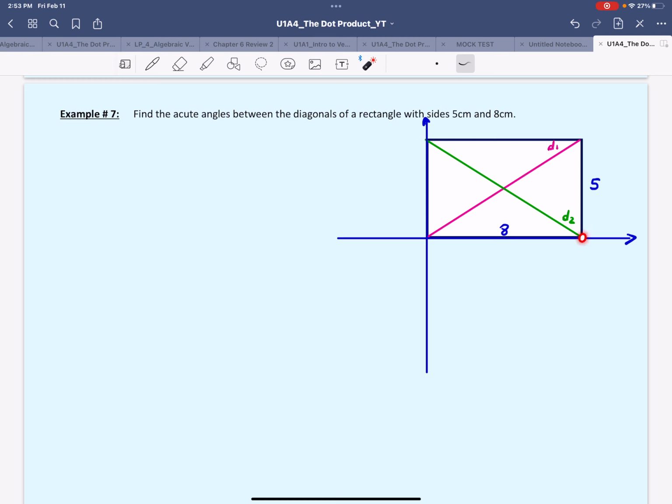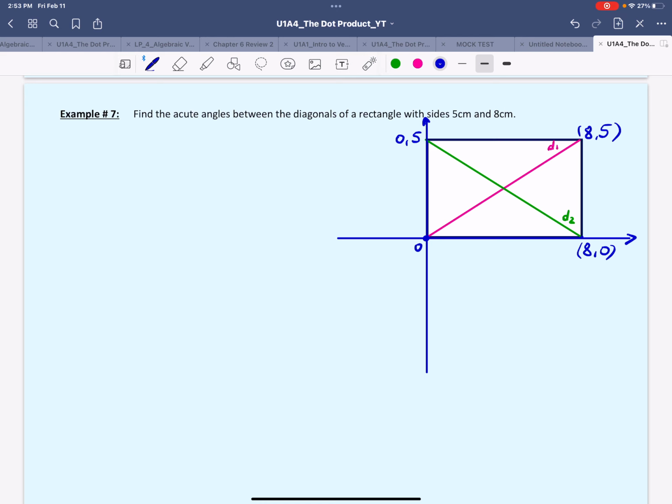So here we go. We have this point here, which should have the coordinates x equals 8 and y equals 0. Now, this point right here will have the coordinates x equals 8, y equals 5. This one here would be 0 and 5. And here we go, 0, 0.